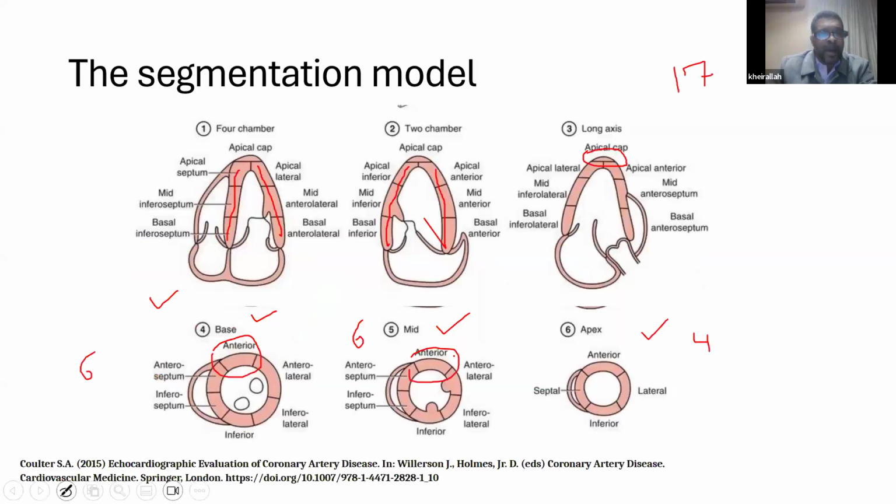So if I take you back here, this one here is LAD, this one here is RCA, and this one here, sorry, this one here is circumflex, and this one last here is RCA. Okay? So far, so good?